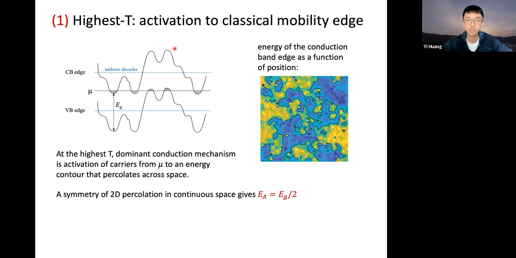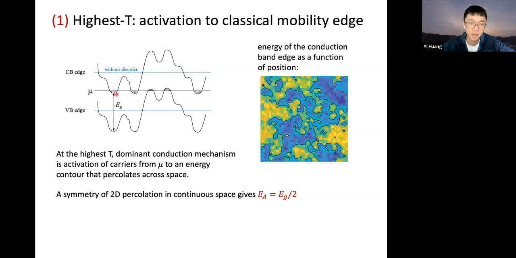At the highest temperature, you have activation to the classical mobility edge. In such a case, it is no longer true that you have some definite distance from your chemical potential to the band edge, because of disorder; this distance changes as a function of position.